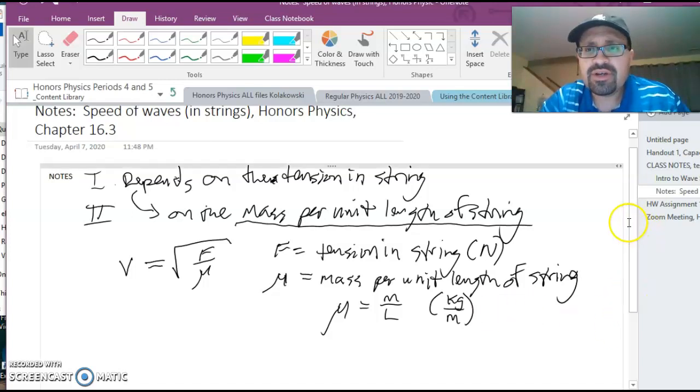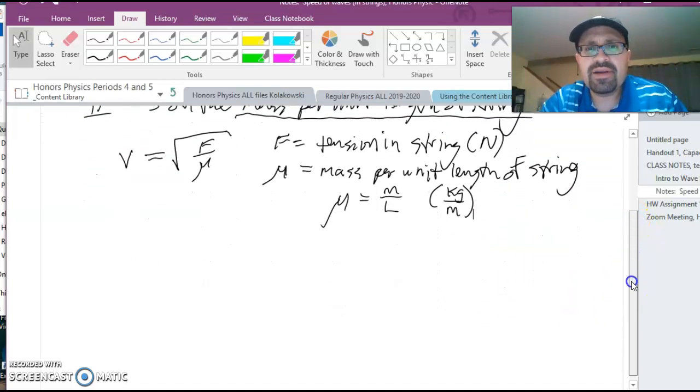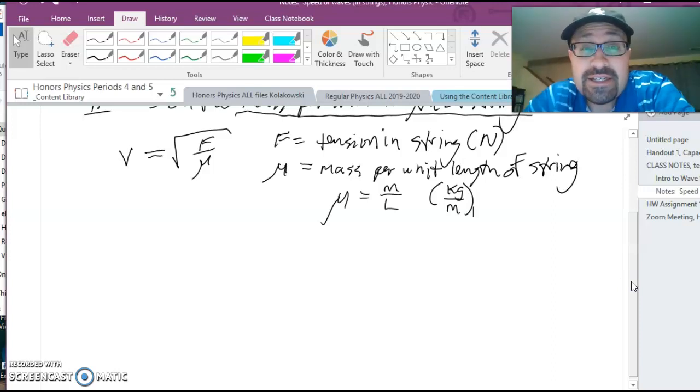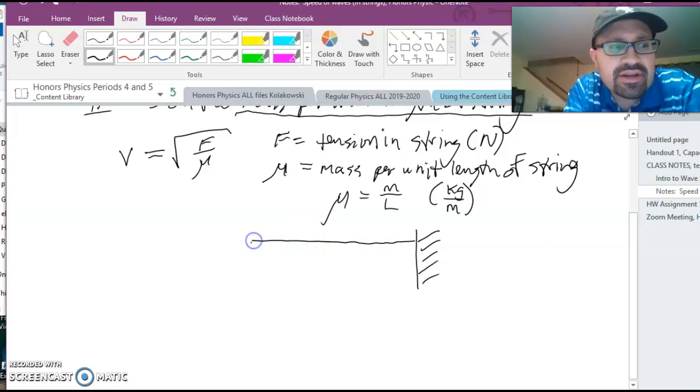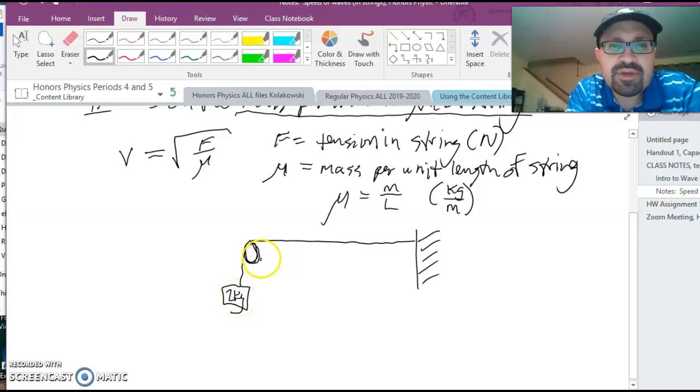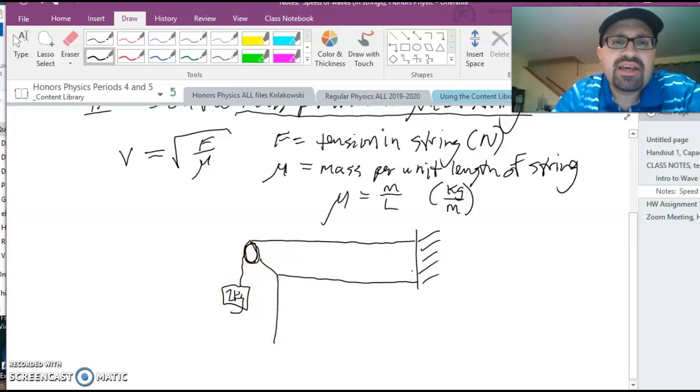All right, let's get into a sample problem, and I think that'll be a good way to show you what this equation can do for us. Let's imagine we have a wall here. Let's say you have a string. Let me put a pulley system here with a 2 kilogram mass hanging. This might be a pulley, and this could be a table or something.